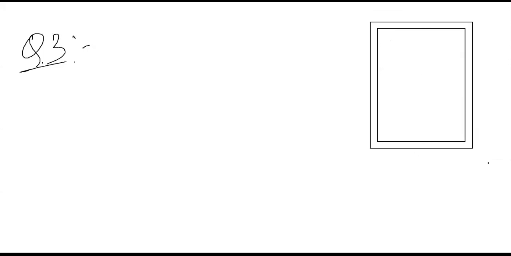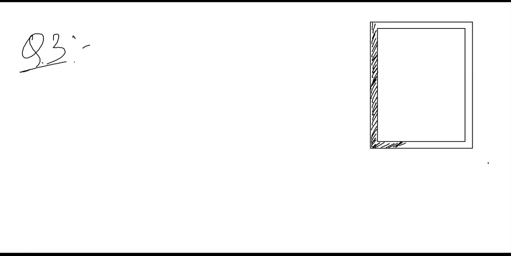So actually what we have to find in this question is the same as question number 1. We have to find this part, beta. Clear everyone? Yes or no?